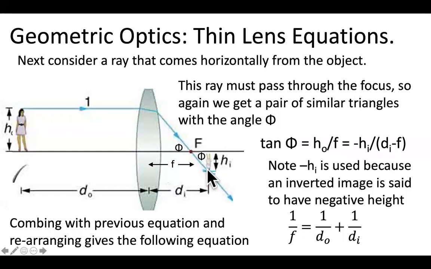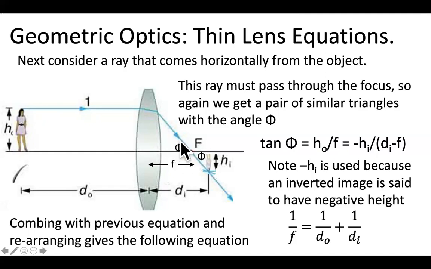Again, this is where all of those lines cross, so it has to pass through there as well. So again, we have a pair of similar triangles. We have one triangle that is the person, h tall, and a focal length f long. And here we have something that's the height of the image tall and this distance, which is the difference between di and f.